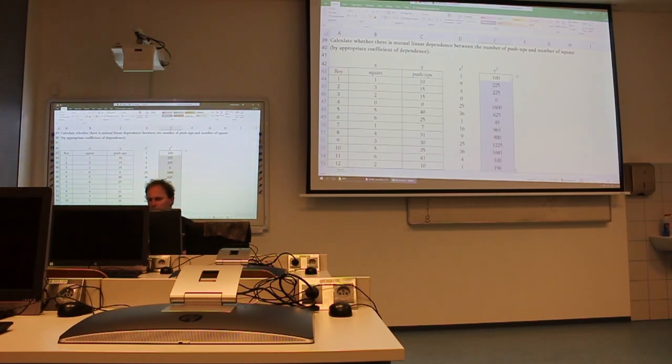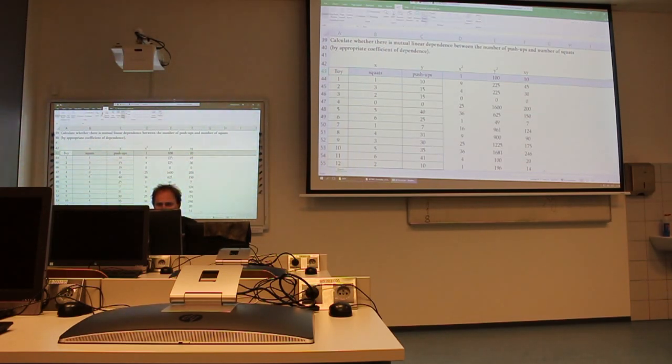Center, okay, and finally xy, multiplication of variable x and variable y: equal sign, number of squats times number of push-ups.